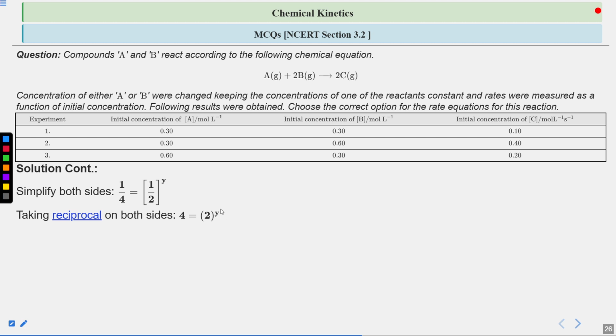So you can put y as 2, right? Express 4 as a power of 2: 2^2 equals 4. So 2^2 equals 2^y. From here, y comes out as 2.